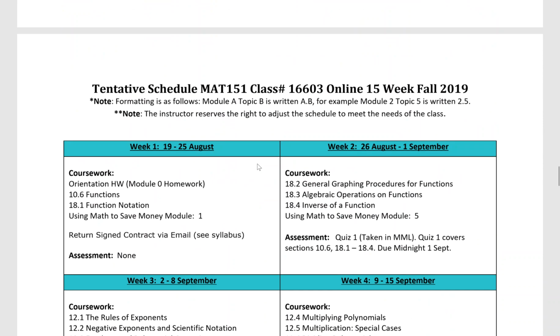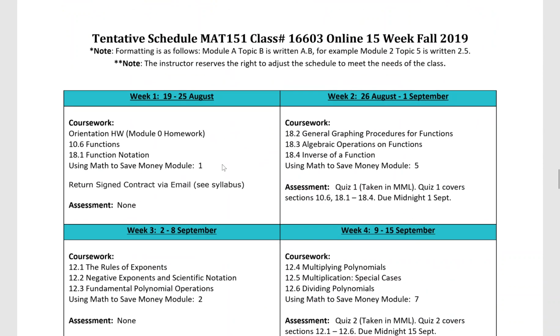The schedule, that's really important. Every week is discussed here. You know exactly what you're doing every week. All you have to do is look at this schedule. All of these due dates are also in My Math Lab, in the announcements in My Math Lab. They'll be emailed to you. And there's also a separate link in My Math Lab for this schedule, but it's also here in the syllabus.